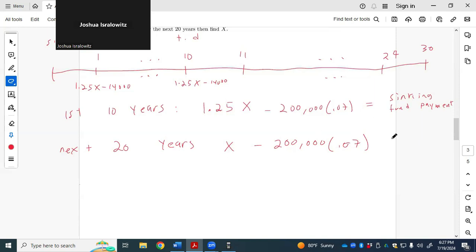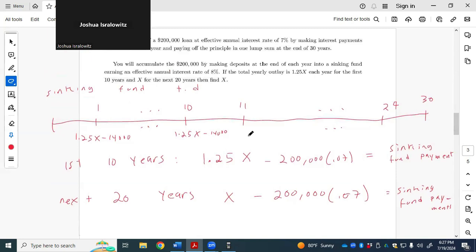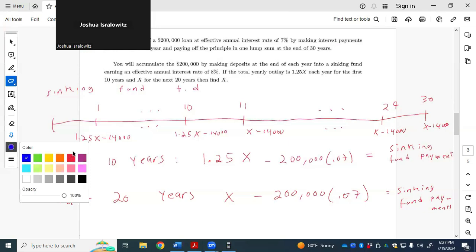So X minus 14,000 is my sinking fund. So we do not have constant sinking fund payments. We have constant sinking fund payments for the first 10 years, then it changes. So here it's X minus 14,000.